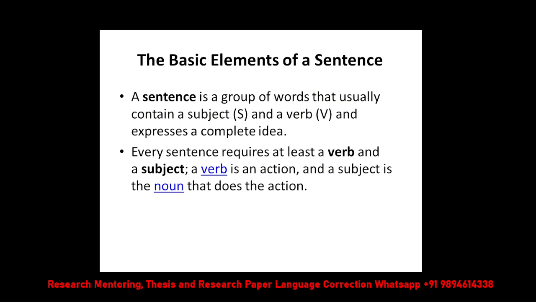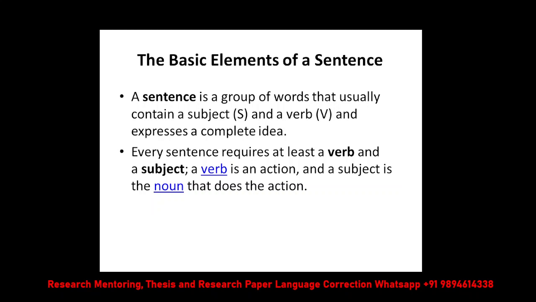Okay, first of all, before we move to the exact patterns, you should understand the basic elements of a sentence. If you take any sentence, there will be a subject and a verb. You know very well that a sentence is a group of words. It may have a minimum of one word to a maximum of any number of words.